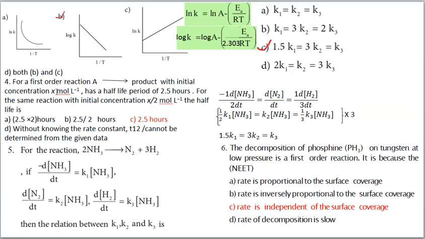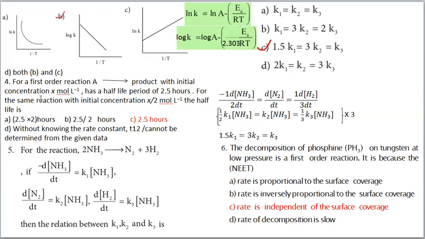Fourth question, for a first order reaction, A gives a product with the initial concentration X mole per liter has a half-life period of 2.5 hours. Then for the same reaction with the initial concentration X by 2 mole per liter, the half-life is, we know that for a first order reaction, half-life period is independent of the concentration of reactants.